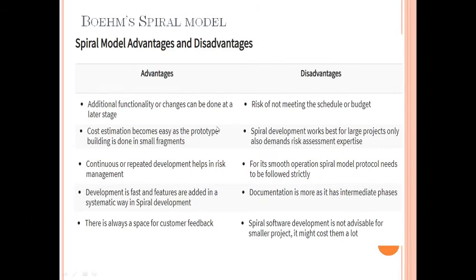The waterfall model was limited to small projects, but as I told, in Boehm's spiral model, the development can take a longer period. So it is best suited for large projects, which can be developed as and when the new requirements come. The first one is that additional functionality or changes can be done at later stages, meaning new requirements can be added.